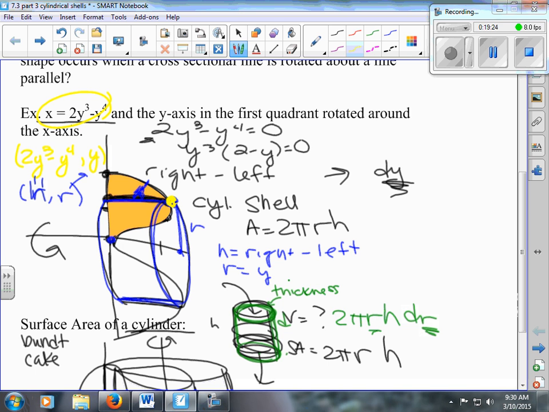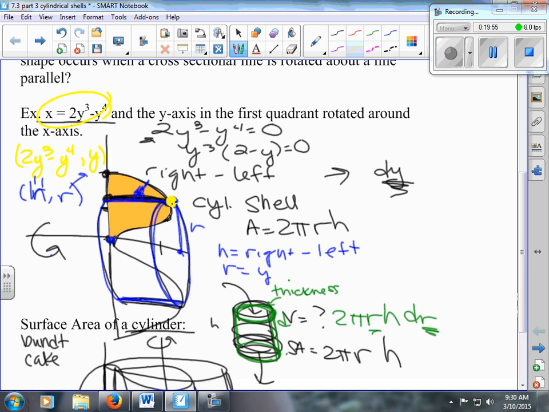R is always going to be either x or y, or if you're rotating around a line that's not an axis, then you're going to have to worry about shifting by that line. If we had rotated around y equals -1, then r would be y minus -1, or y plus 1, because you would think of r as the top minus bottom.